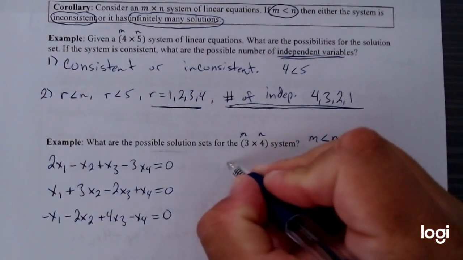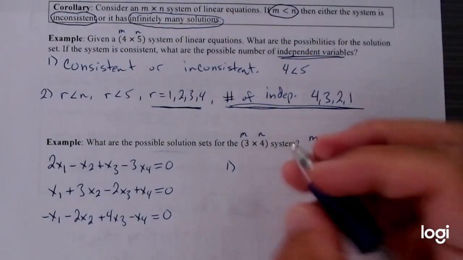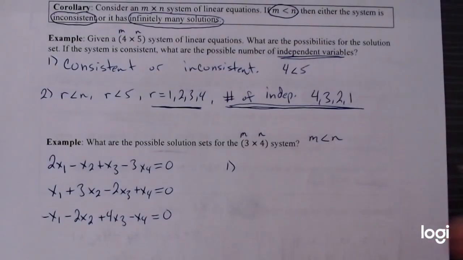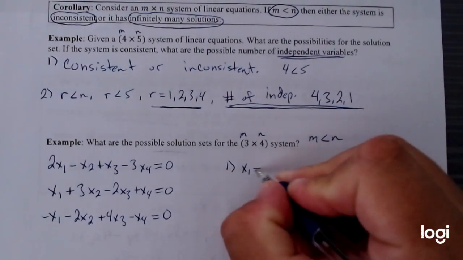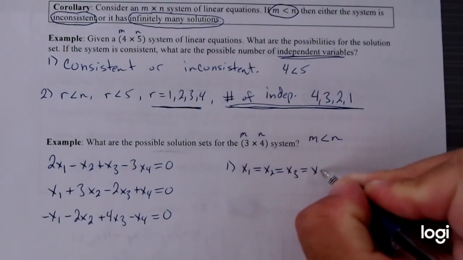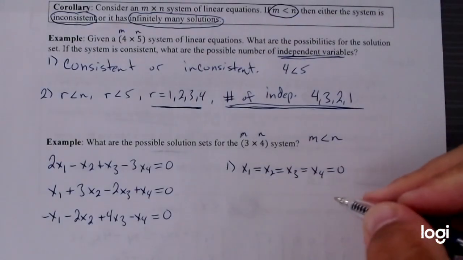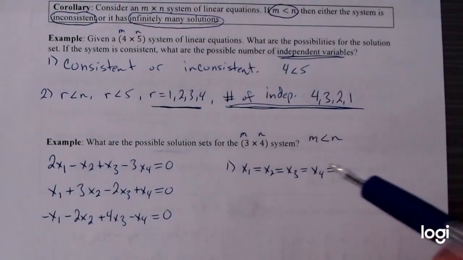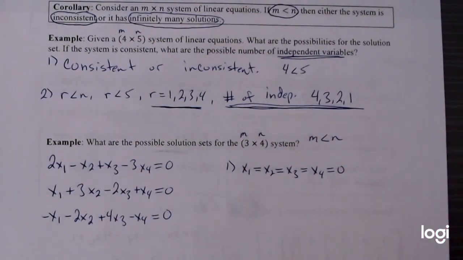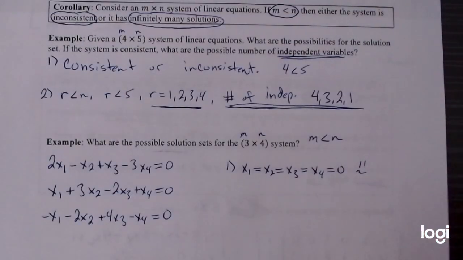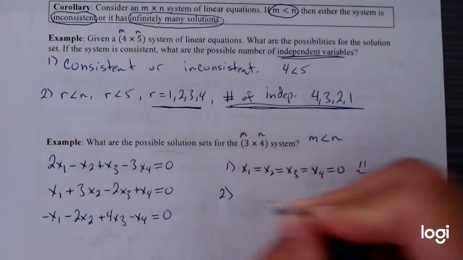So we have something called, well, I don't like what it's called, but it's something called a trivial solution. And the trivial solution basically says they all equal 0, which makes sense, right? If I plug in 0 for every single variable, it's guaranteed to be 0. That's why it's called the trivial solution. So it's not so fun.